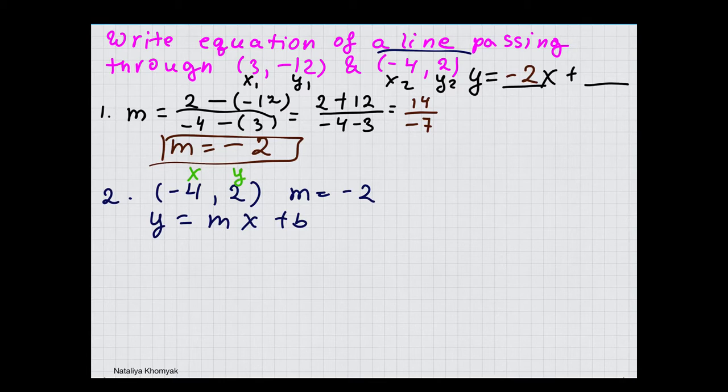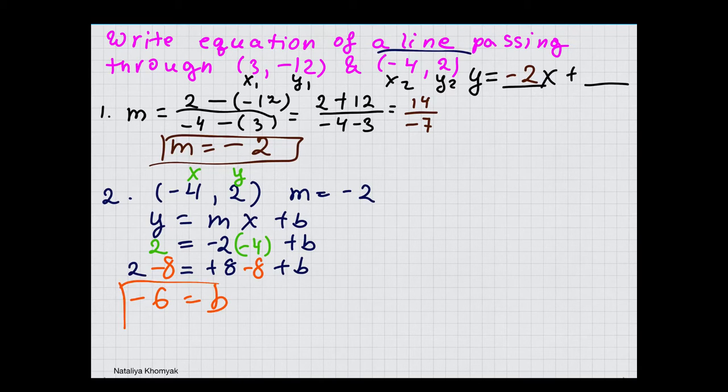So y is 2, slope is negative 2, x is negative 4 plus b. So we have 2 equals negative times negative, positive 8 plus b. We need to solve for b, so minus 8 minus 8. So the difference between 2 and 8 is 6, and we have more negatives, so negative 6 is equal to b.